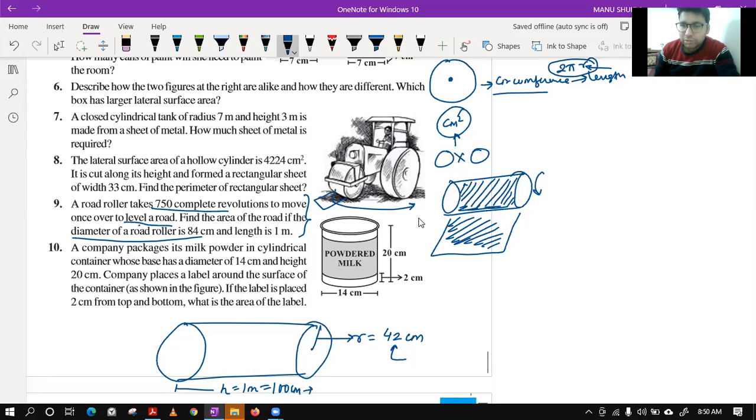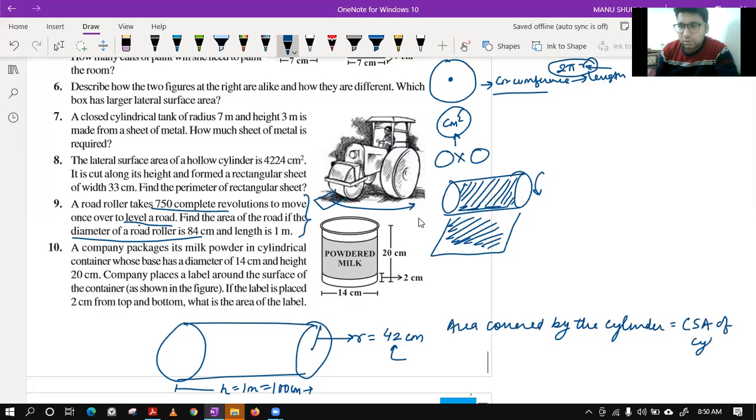Now let's find the curved surface area. So the area covered by the cylinder will be given by, yes class, what is the formula of curved surface area?